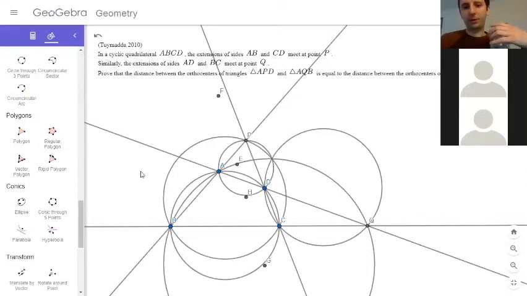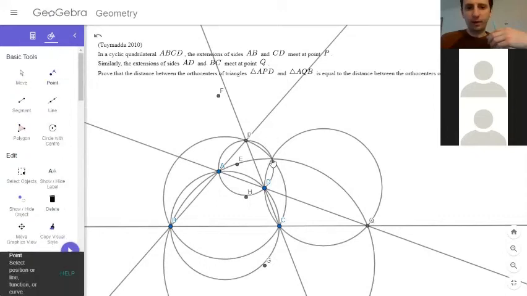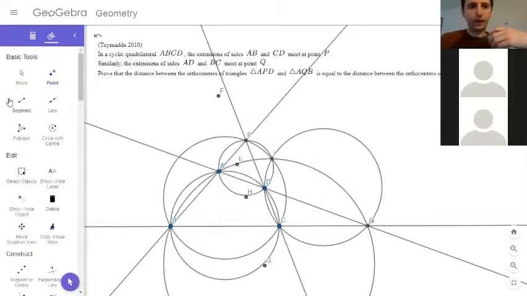Okay, so it has to do with, by the theory of the Miquel point, the Miquel point, P and Q are collinear, right?